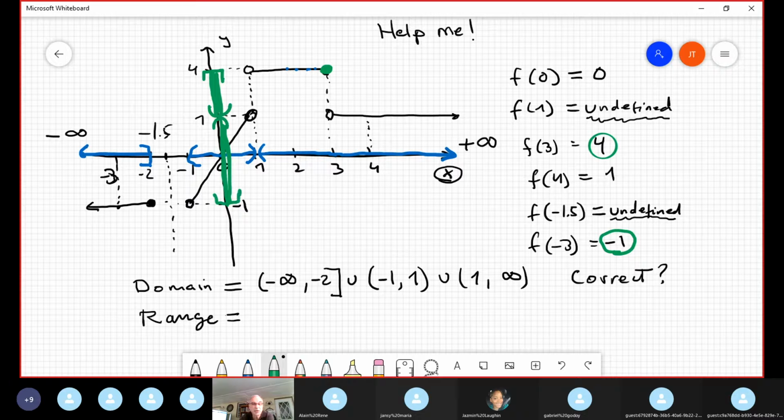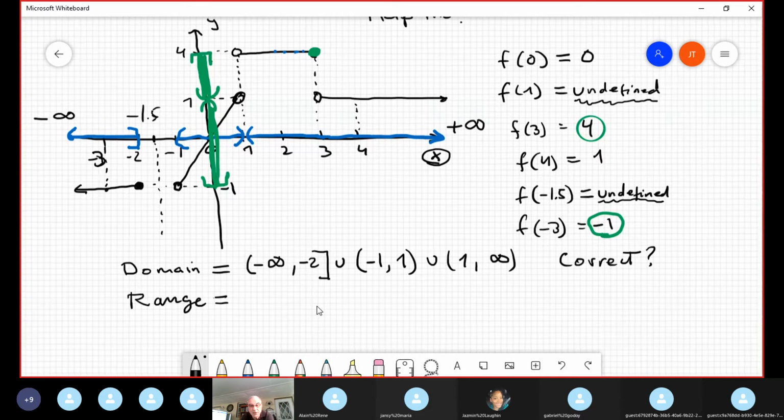So what about range? Help me with the setup, the range and interval notation. Come on, negative infinity, positive infinity. 0, 1, 4, -1. Who helps me?